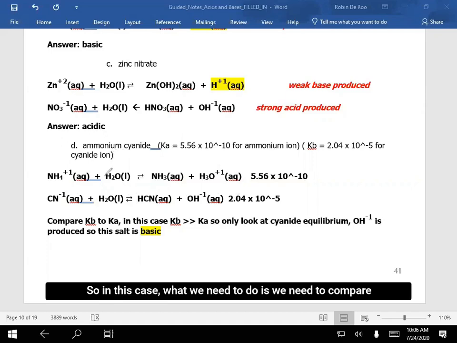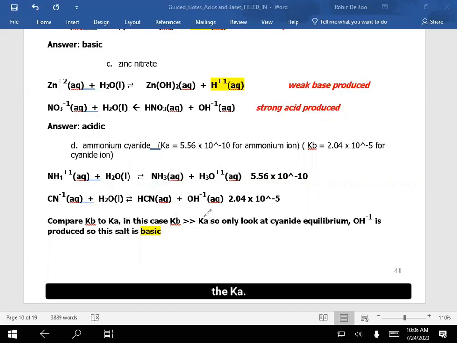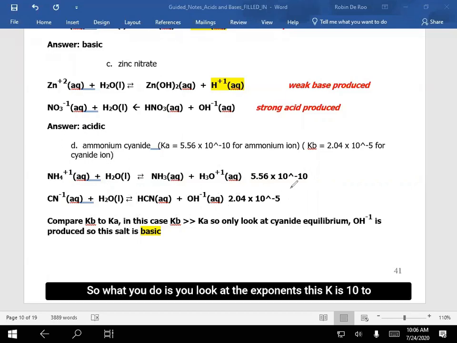So in this case, what we need to do is compare the Kb to the Ka. In this case, the Kb is much larger than the Ka. So what you do is you look at the exponents.